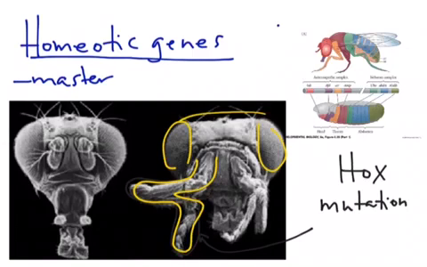So this is not some kind of minor mistake. This is a significant mistake in the way that the Hox gene works. So homeotic genes, which are these master genes that control development of whole sections of organisms in the embryonic stage, are significant in terms of the regulation of the way bodies work and the way bodies are built.